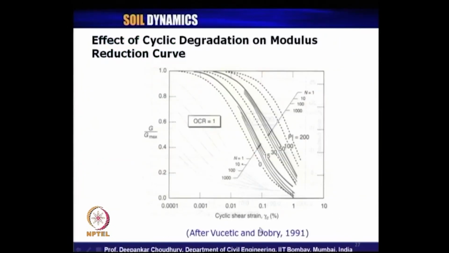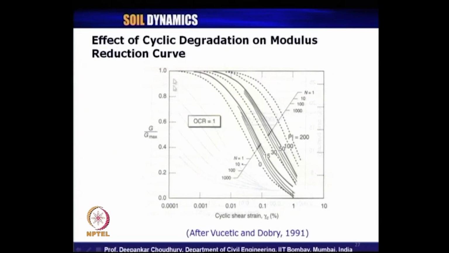Also, Vucetic and Dobry from their same results had proposed, this is actually the PhD thesis work of Professor Vucetic, who is a professor now at UCLA, Los Angeles, and he did PhD with Professor Dobry.